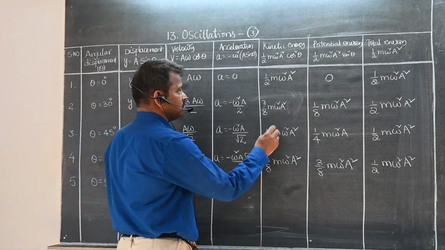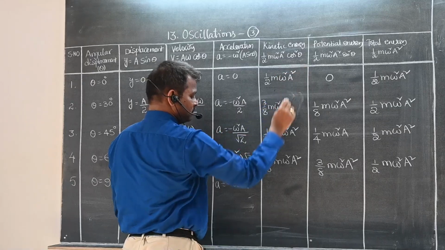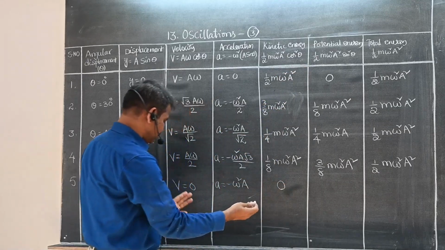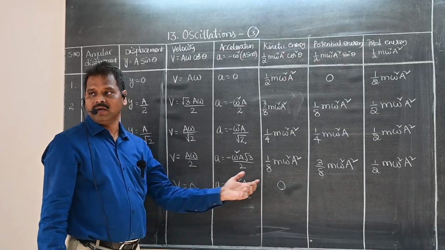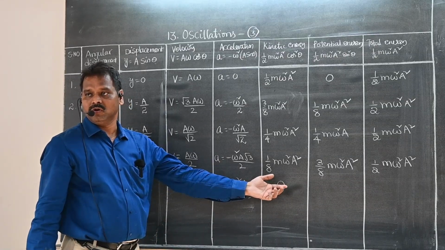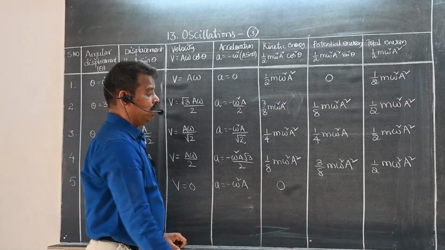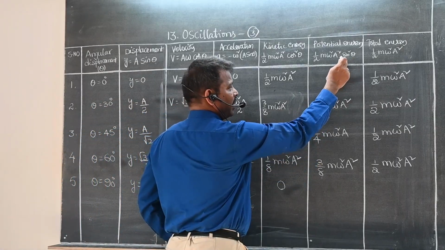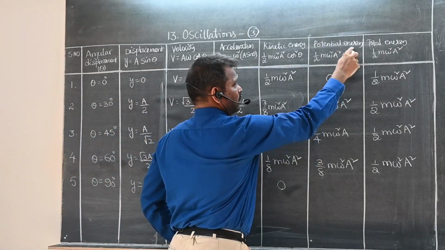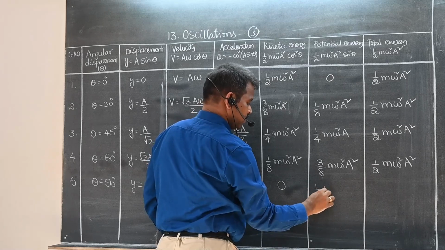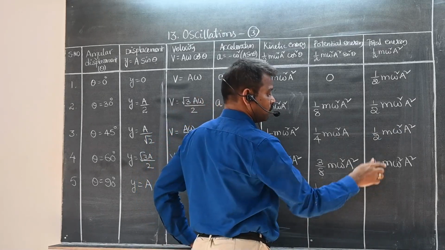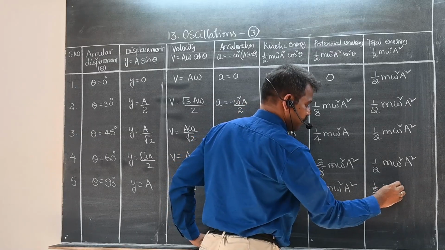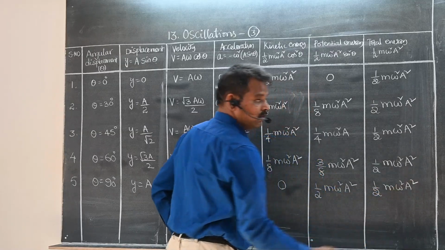Kinetic energy: cos 90 is 0, when the velocity is 0, kinetic energy must be 0, half m v square, v square is 0, 0 into anything is 0. And now sin 90 is 1, so the potential energy will become half m omega square A square. If you combine these two, you get total energy equal to half m omega square A square.